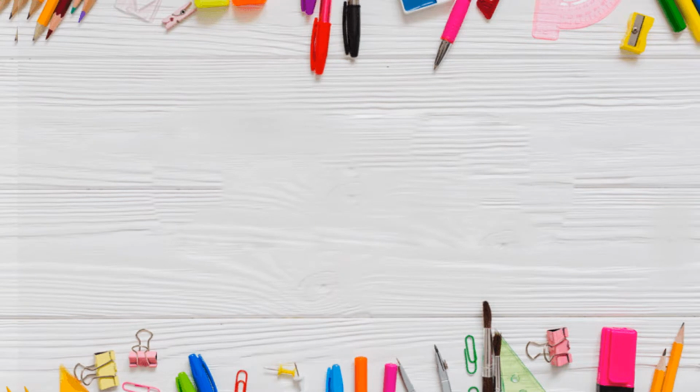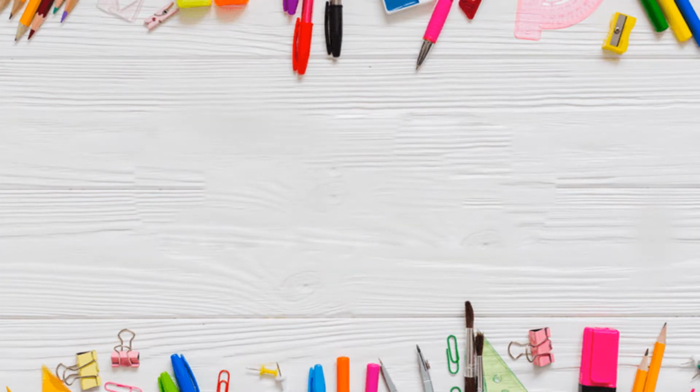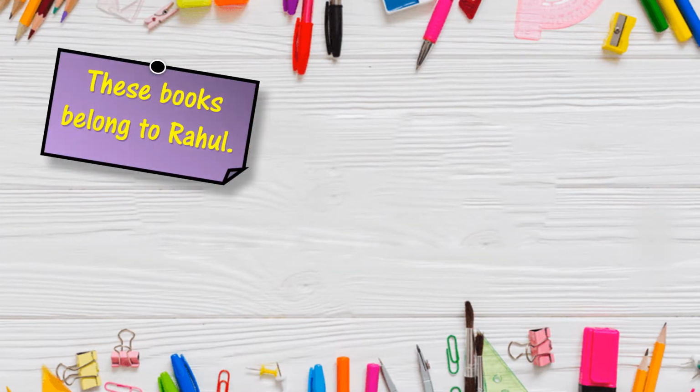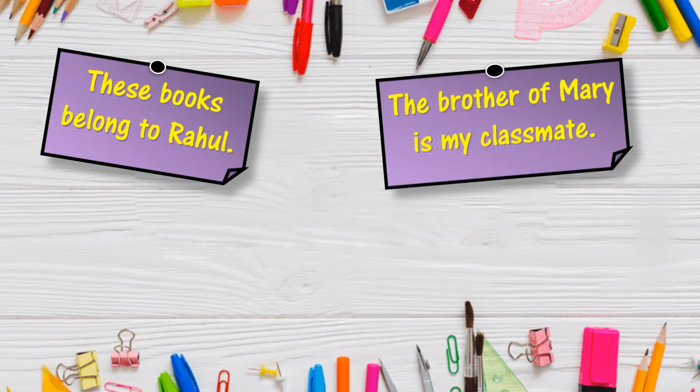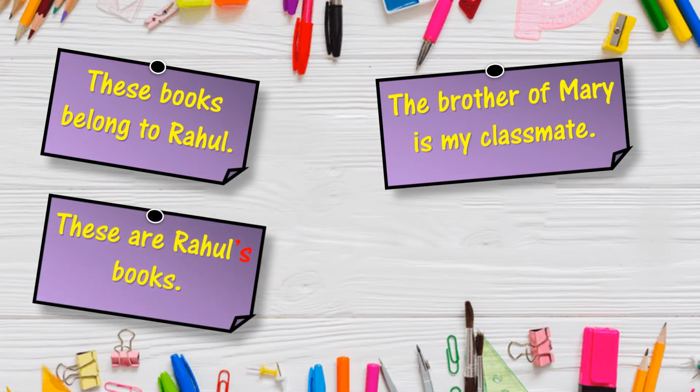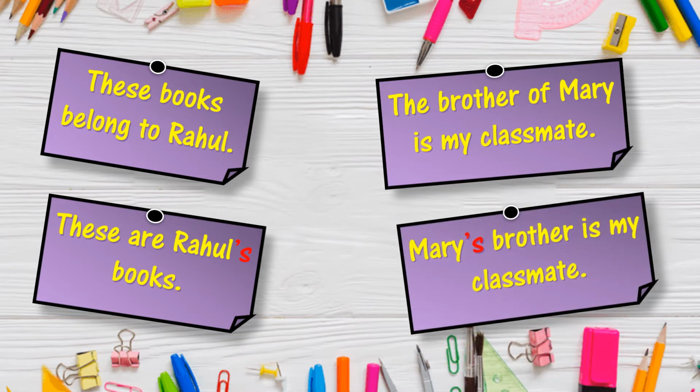Now let us read these sentences, children. These books belong to Rahul. The brother of Mary is my classmate. Can we shorten these sentences? Yes. So we may read, these are Rahul's books. Mary's brother is my classmate.